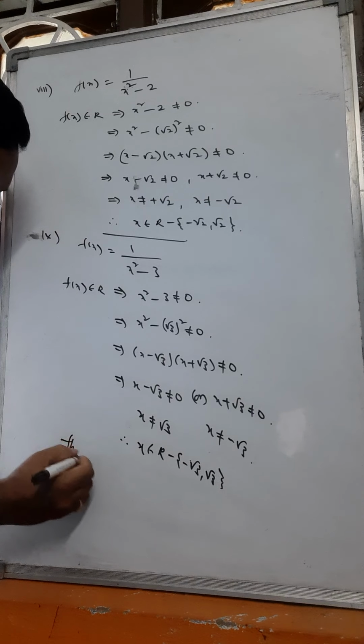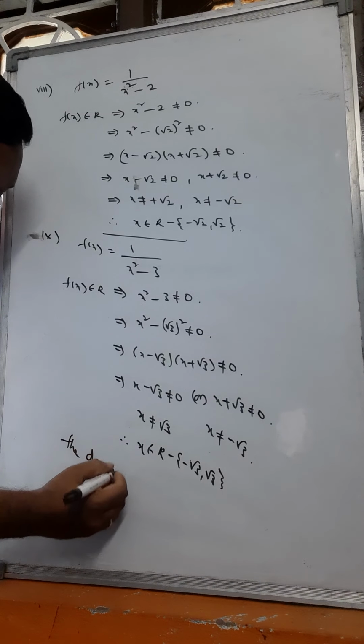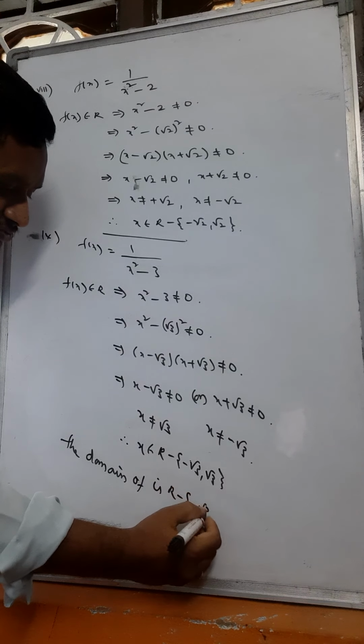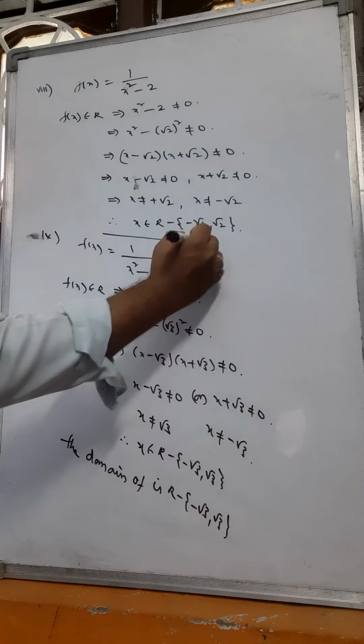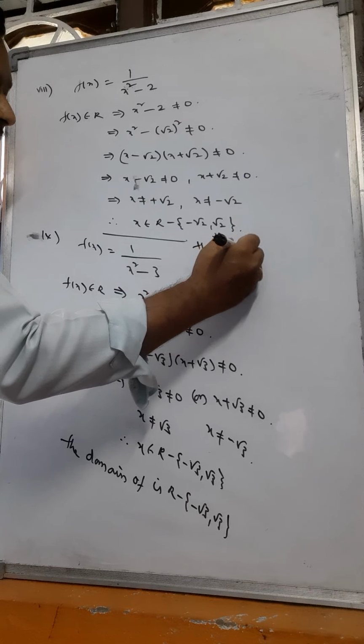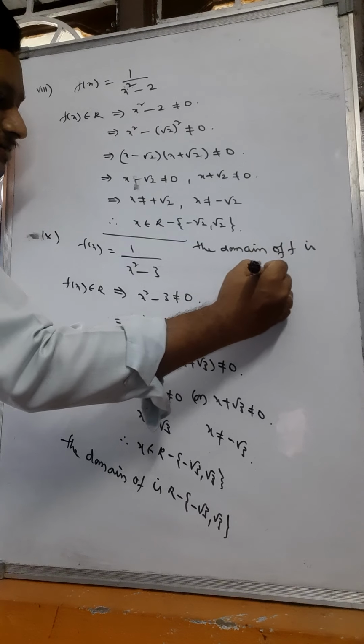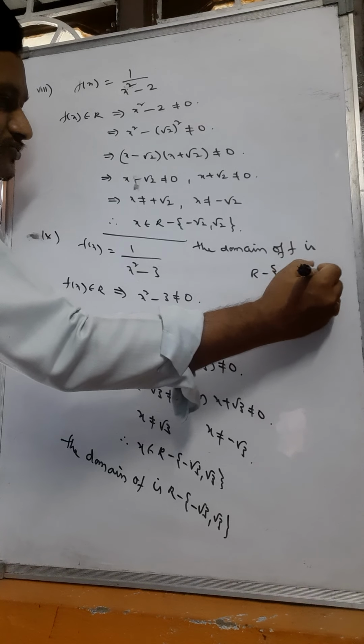So the domain of f is R minus {minus root 3, root 3}.